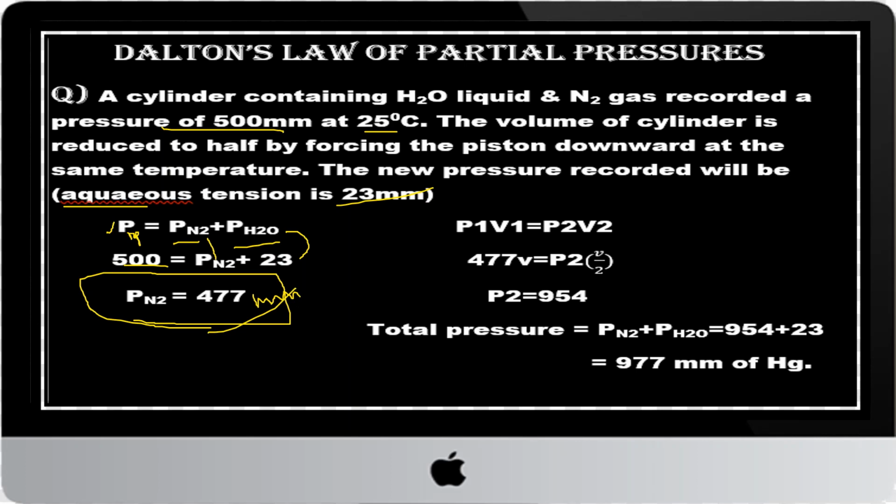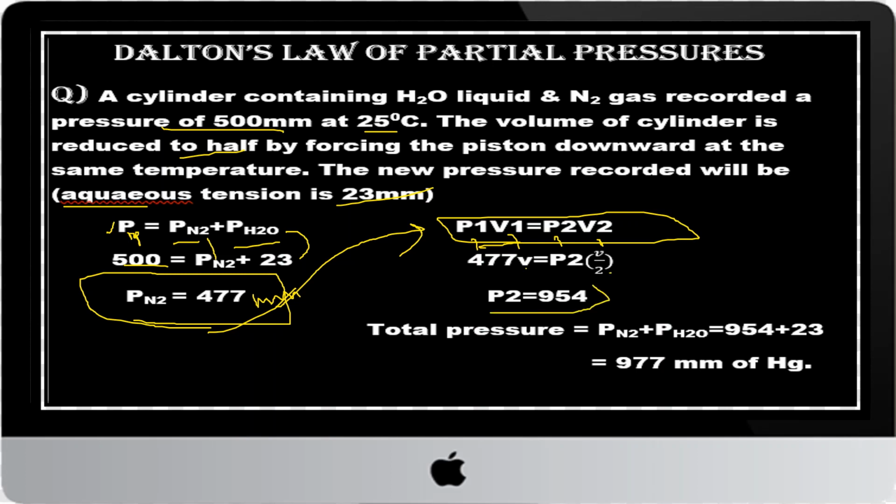Using this, substitute in Boyle's law, P1V1 equals P2V2. 477 is P1, and the volume is V. P2, the new pressure recorded, we need to find, and the volume is V by 2 because they have given that it is reduced to half. Initially it's V and finally it's V by 2.